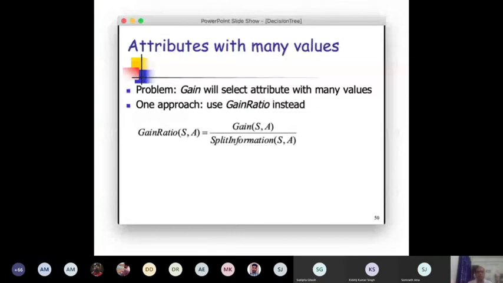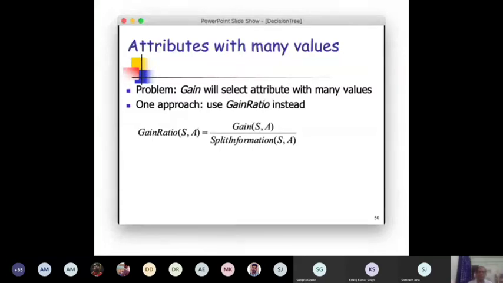Instead of absolute information gain, we consider another measure, which is basically the gain ratio. You can see that there is a normalization factor called split information S_A.